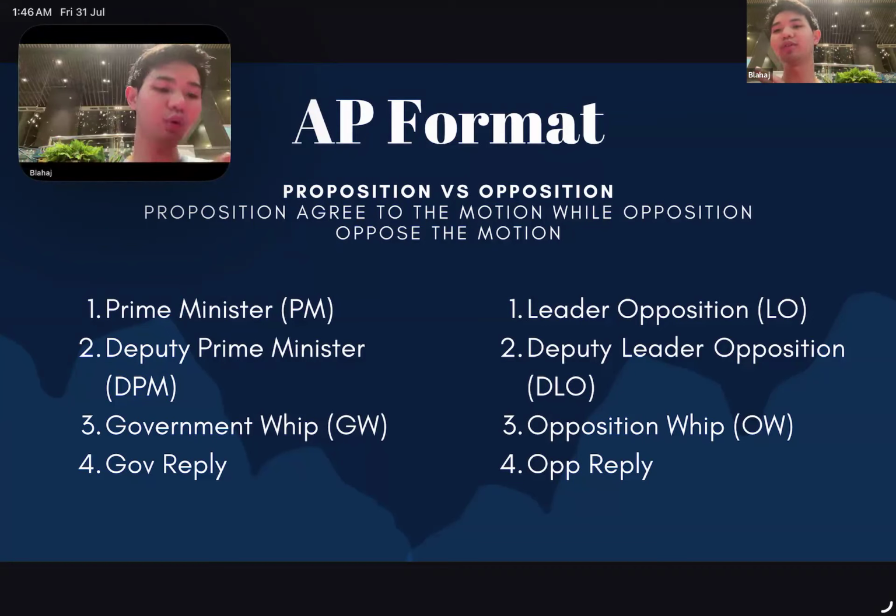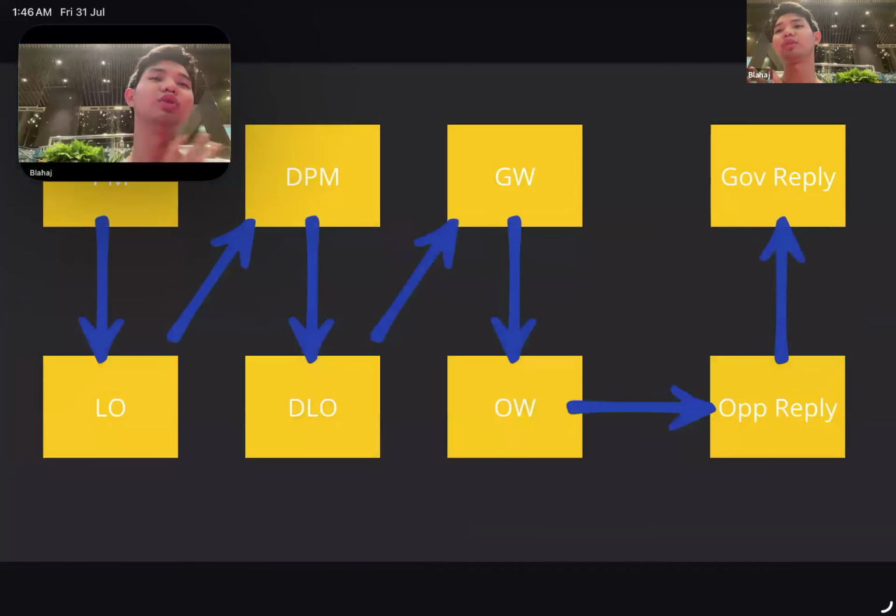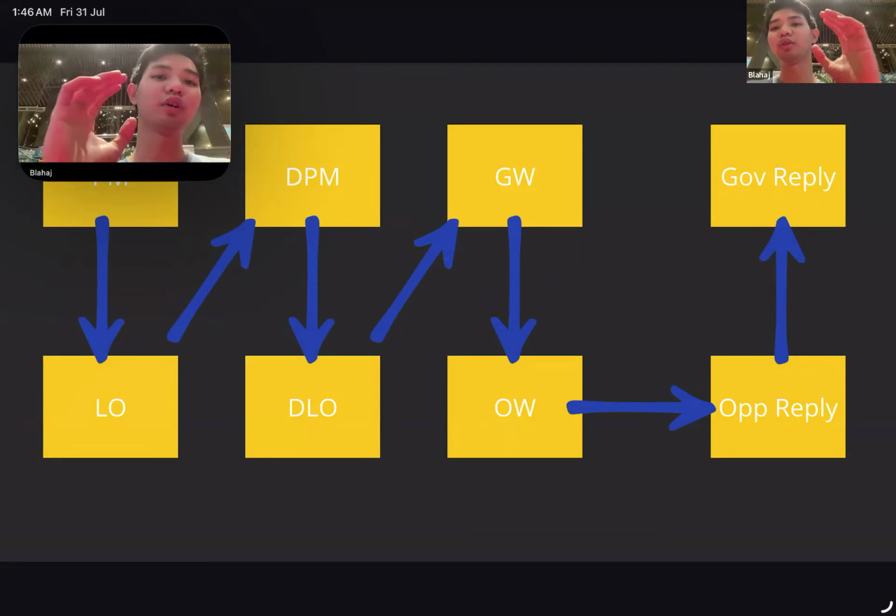So how does the debate usually go during the round? If you look here, this is the order of who are supposed to speak during the debate itself. It starts off from prime minister to leader of opposition, and it zigzags to DPM, DLO, government whip, and opposition whip.